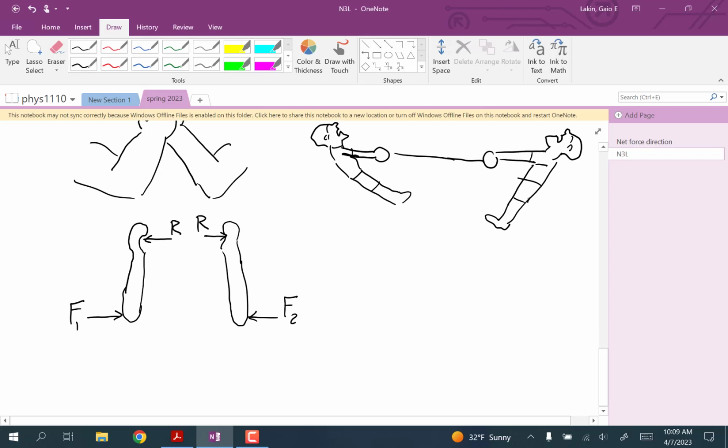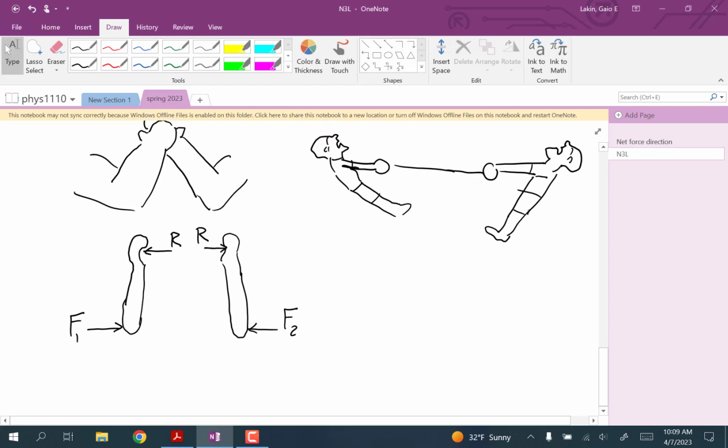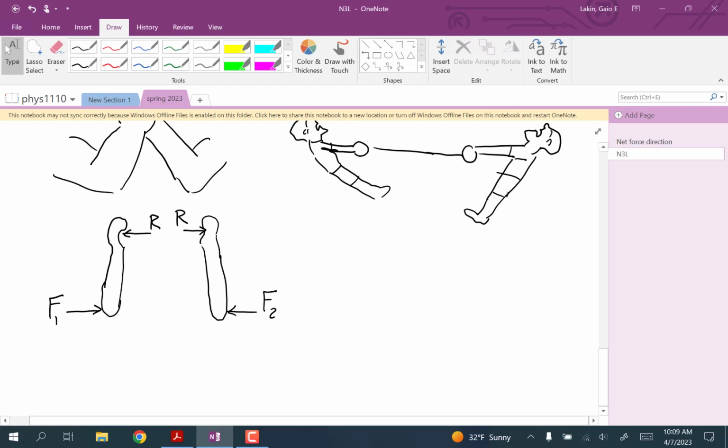Well, you might think the winner is the person that applies a bigger cable tension to the other person. But again, because of Newton's third law, that's not possible. So what's going on here?